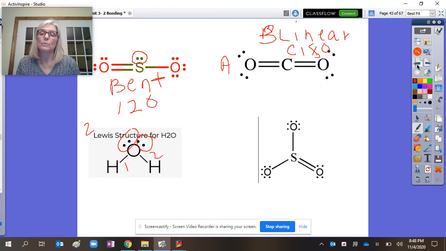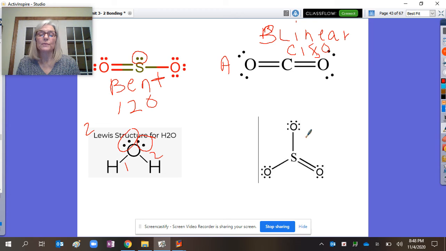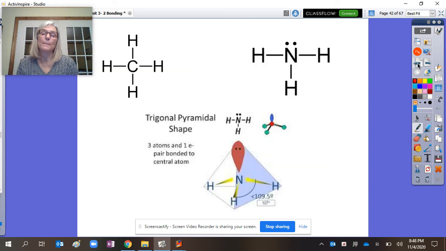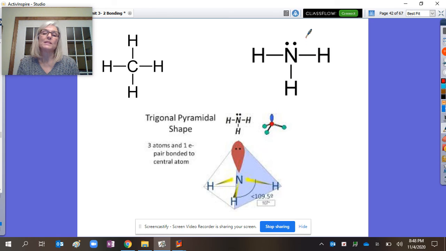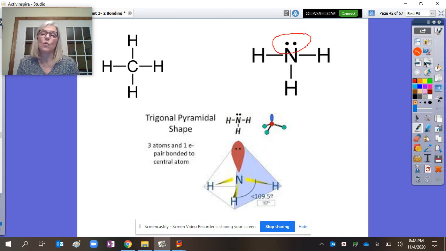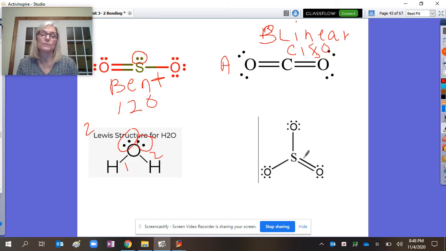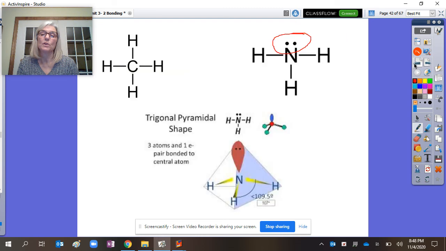Oops, going backwards. All right. So this is trigonal planar, and it has no unshared pairs. So I wanted to show you the trigonal pyramid. Here we have 3 bonded atoms, but what's different is the unshared pairs. So for trigonal planar, there's no unshared pairs, whereas trigonal pyramid, there is.